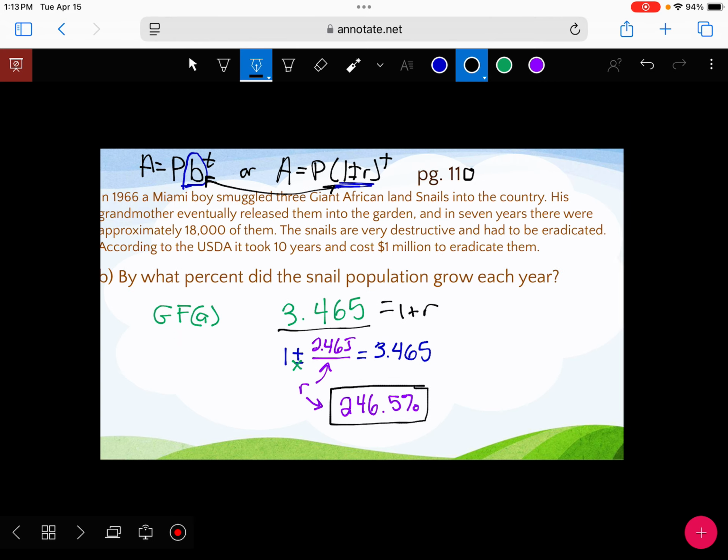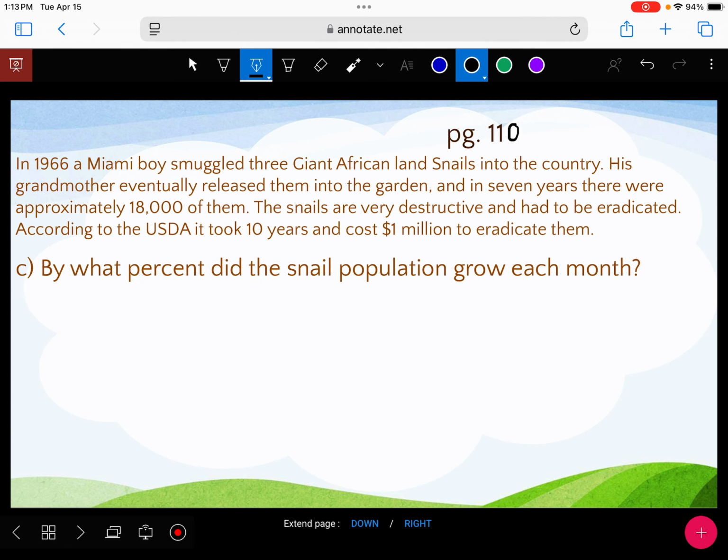So the big question I asked, the longer question, was how did the snail population grow each month? We're not just going to take our base and divide it by 12, even though it's very, very tempting. It's not quite right.